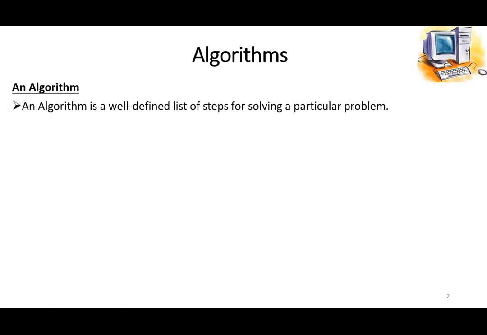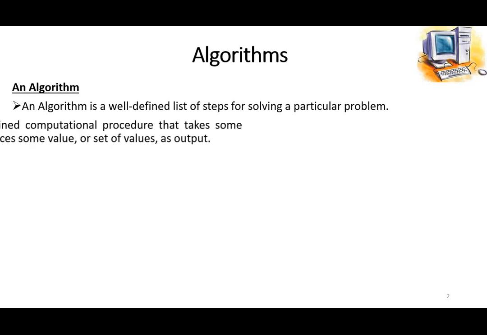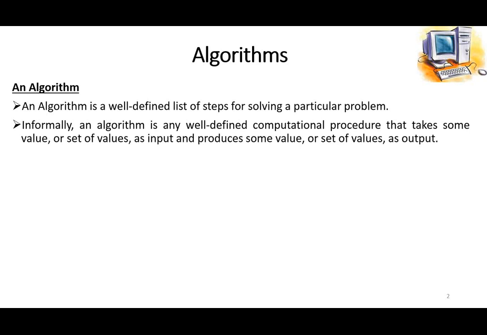First of all, an algorithm is a well-defined list of steps for solving a particular problem. Informally, an algorithm is any well-defined computational procedure that takes some value or set of values as input. It is not mandatory that an algorithm will always take a single value as an input.